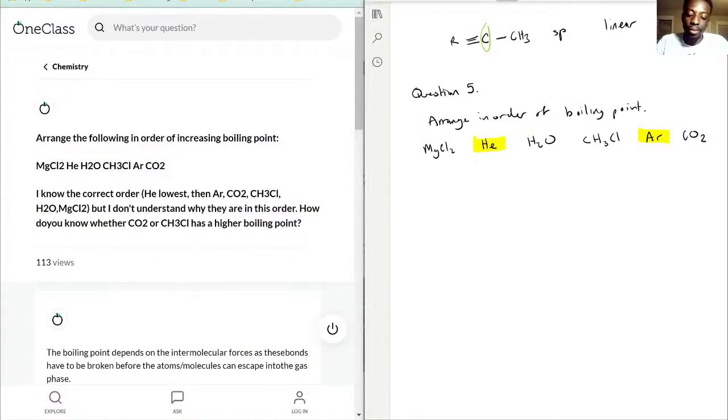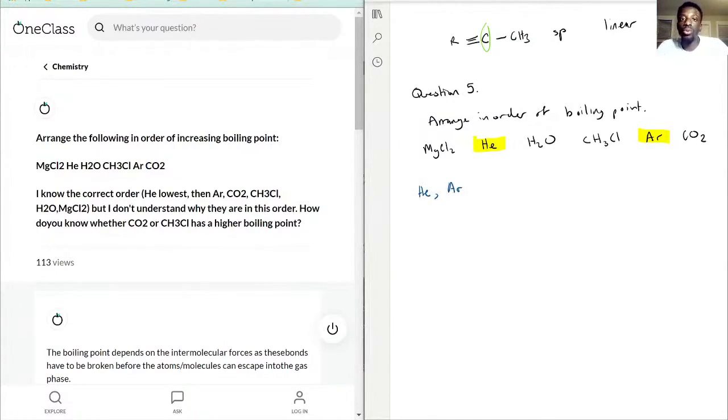So helium and atoms literally lose. If you're an atom by yourself, in most cases, 9 out of 10, you're going to have a lower boiling point than everyone else. Okay, and they got that correct. So you're actually confused about the later part, but I'll show you how we can determine it. So we know it goes helium, argon. We have our first part. Okay, so that's how you take care of that.